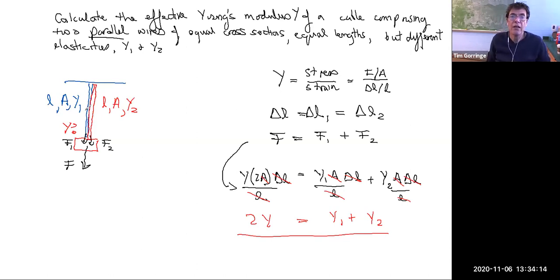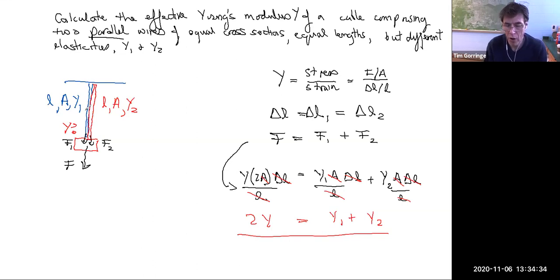Again, it's often useful to stand back from that equation and think whether that equation makes sense to us. One way to check is supposing the two parallel wires are actually the same material.